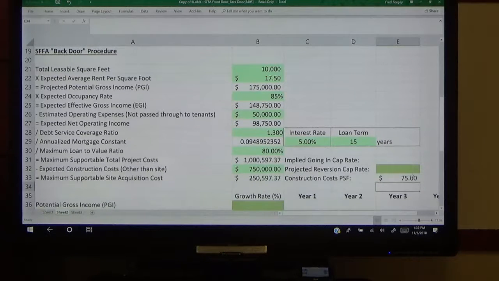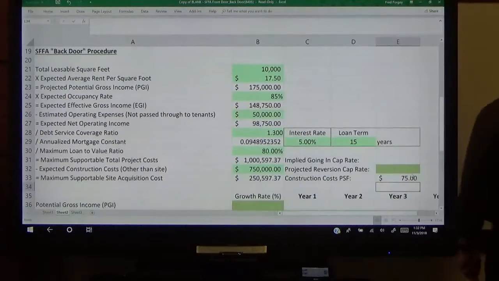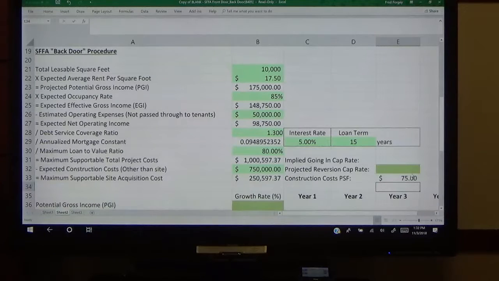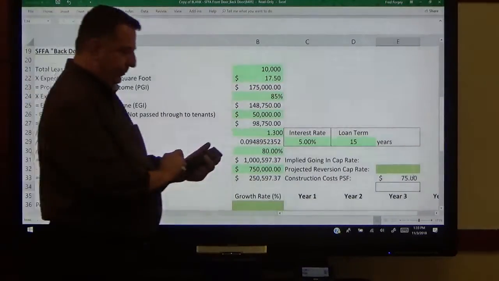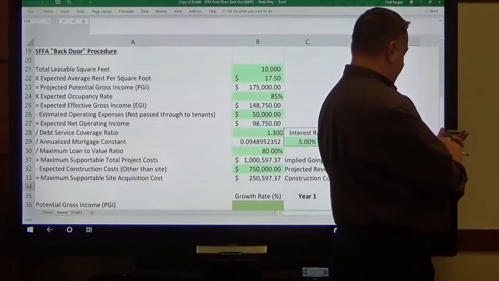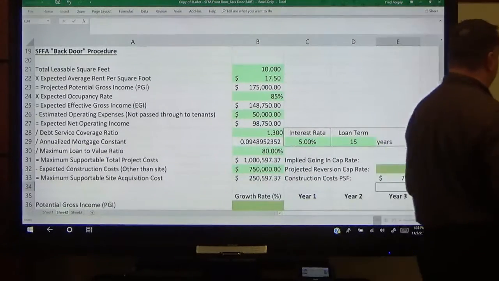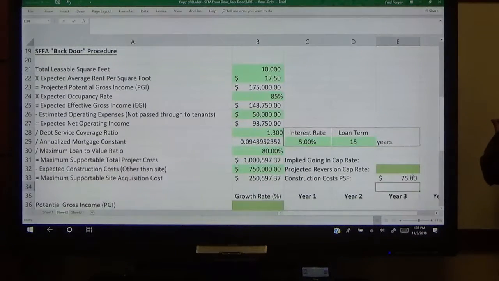So if we want to do a really down and dirty kind of analysis just on the construction cost relative to the price per square foot of the rental rate, you can say, all right, $75 of construction cost divided by $17.50 rent, and that would give you kind of an index of like 4.28.